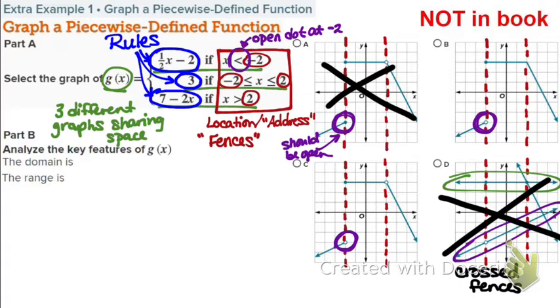On this one right here, I have an open dot right there. On this one up here, I don't even see a dot. If they didn't put like a big filled in dot like they did here, it is a closed dot. They're just coming together. If you don't see it, there's a closed dot there.